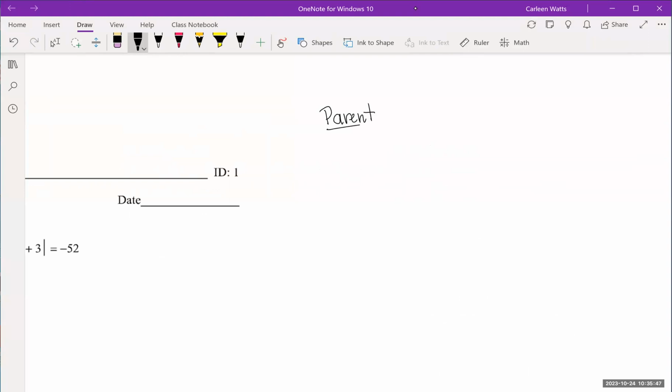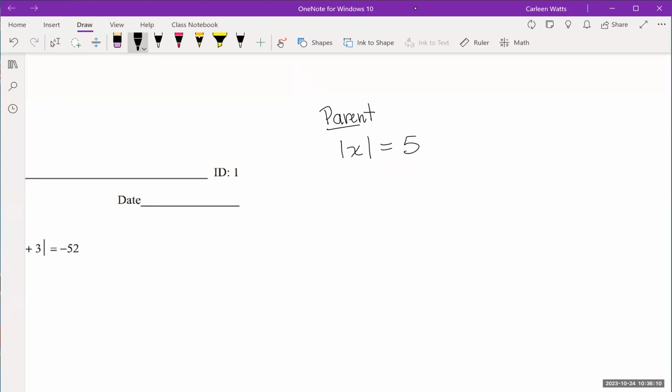The parent function is the most basic function. We will see parent functions when we graph, but also when we solve. So the parent function, absolute value of x, is equal to, let's say, the number 5.